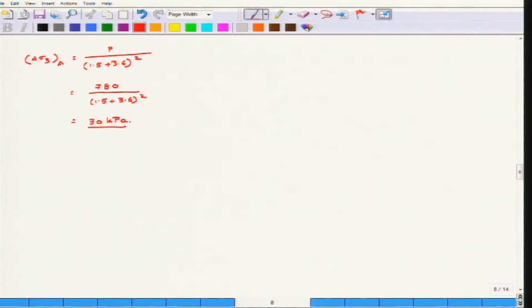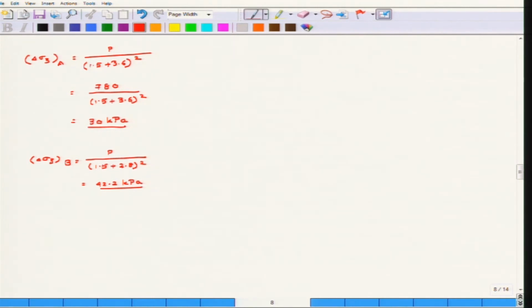This is the extra stress imparted in the clay layer due to the load on the footing. And for B, with 1.5 plus 2.8 whole square, it comes to 42.2 kPa. So these are the two stress increments at the clay layer, just at the mid height of the clay layer, for footings A and B.